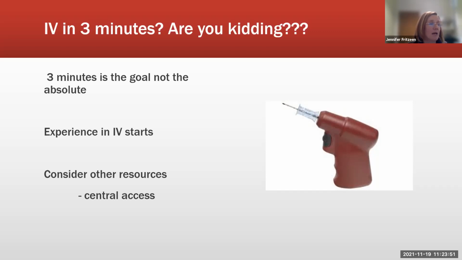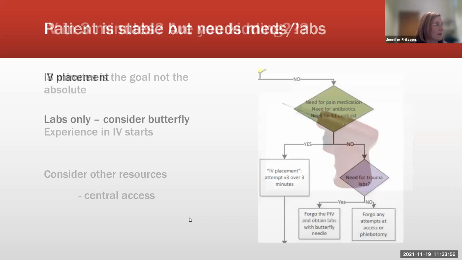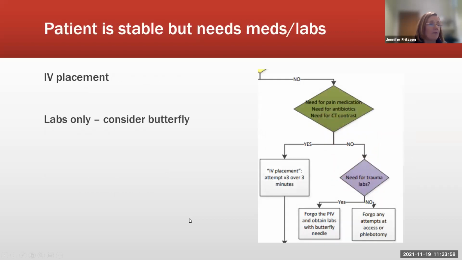Here we do have time if central access is the thought of choice from the medical team. And then finally, with this algorithm, the last question is, my patient is stable, but they need antibiotics, pain meds, or maybe even contrast for CT. So these are patients that are not tachycardic.